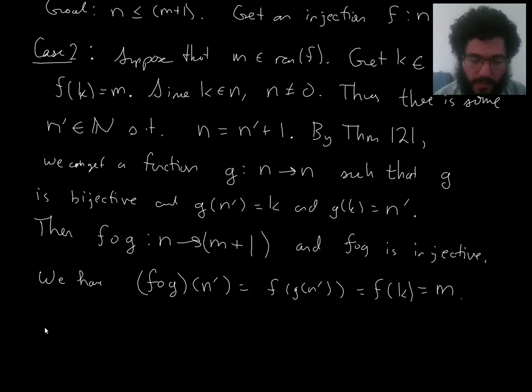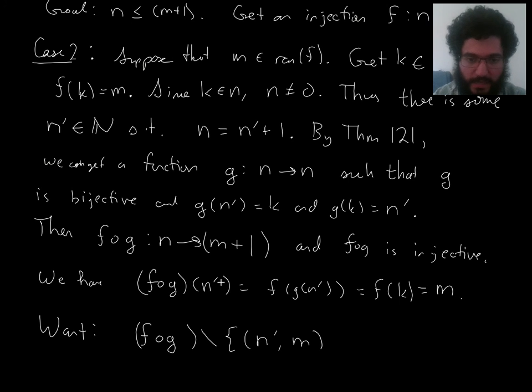I want to know that if I take this and I delete that pair, n prime m, which is an element of this set since I'm seeing that n prime gets mapped to m, I want to know that that maps a smaller set.